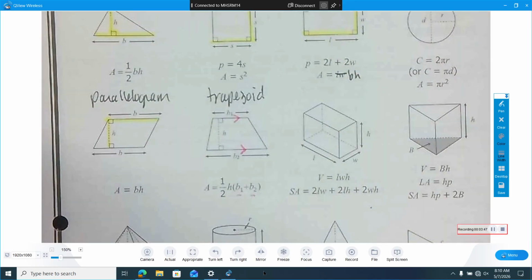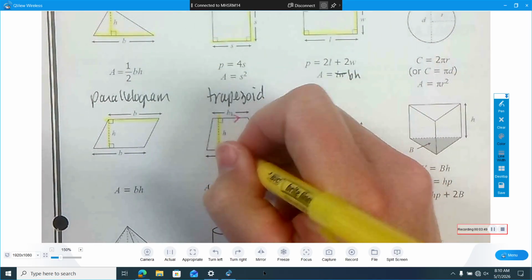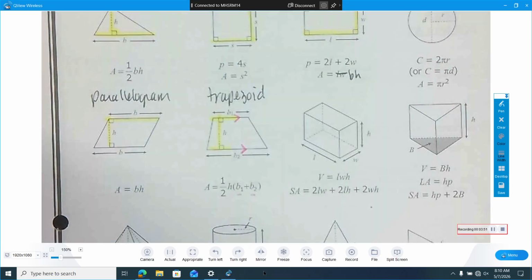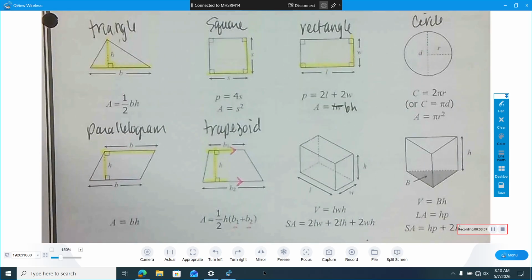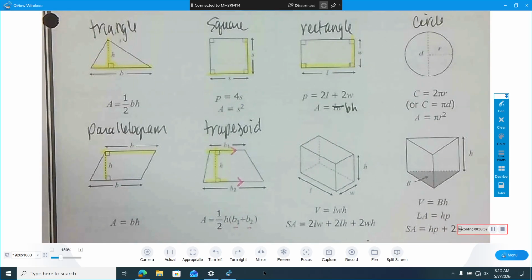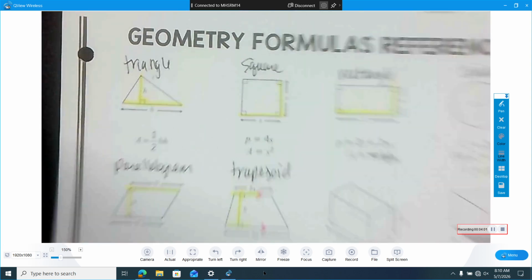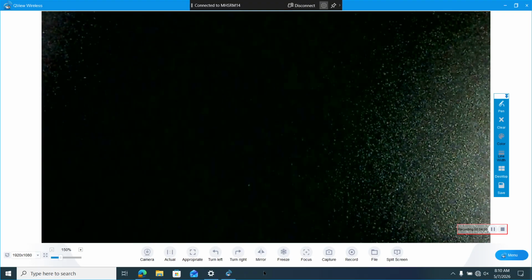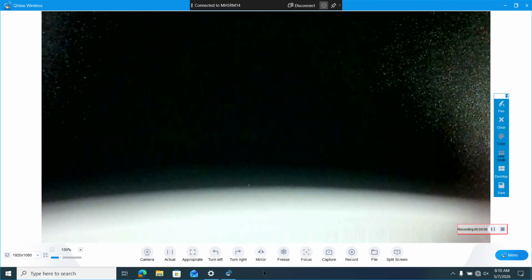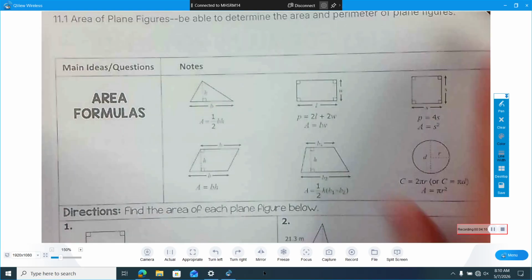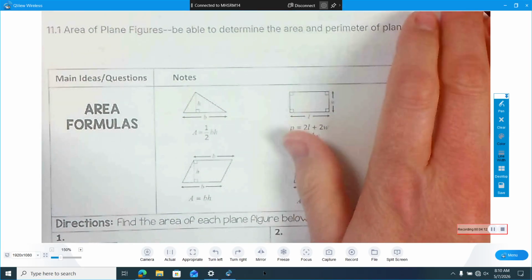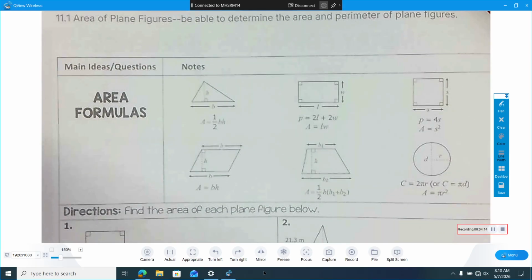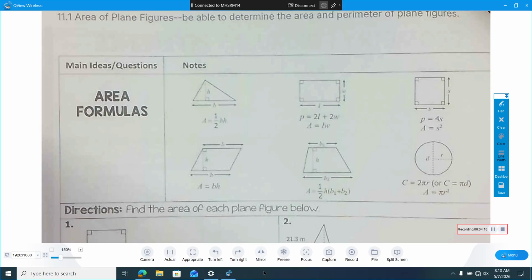And of course, the height is perpendicular to both of those. There you go. Here we have all of the formulas we're going to be working with today, and it's your job just to know how to use them. If you were in 5th or 6th grade, we would figure out how these formulas come to be, but I'm not going to spend the time to show you those now.